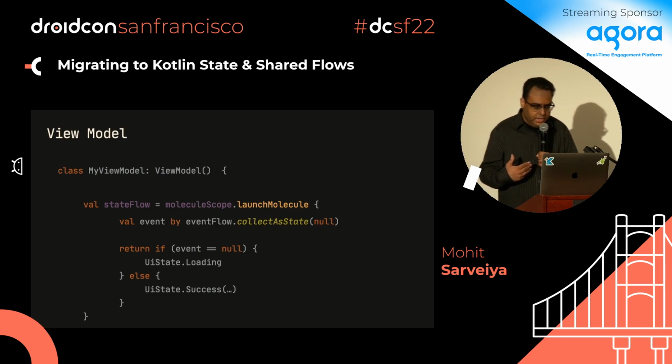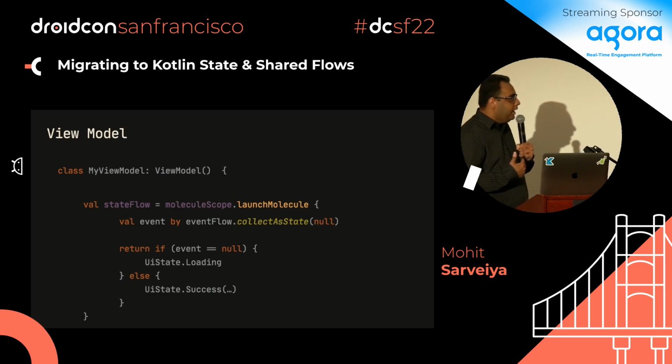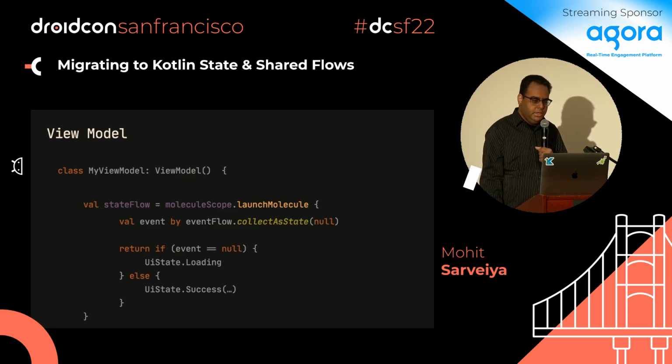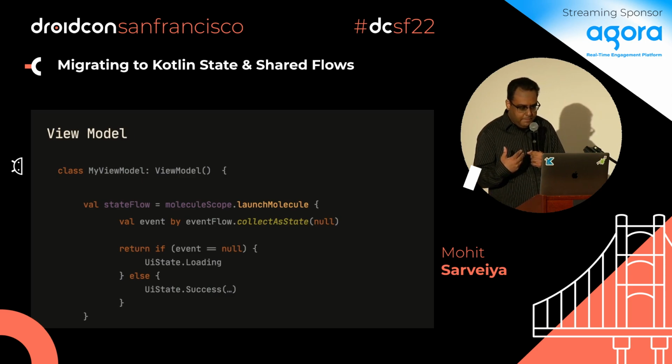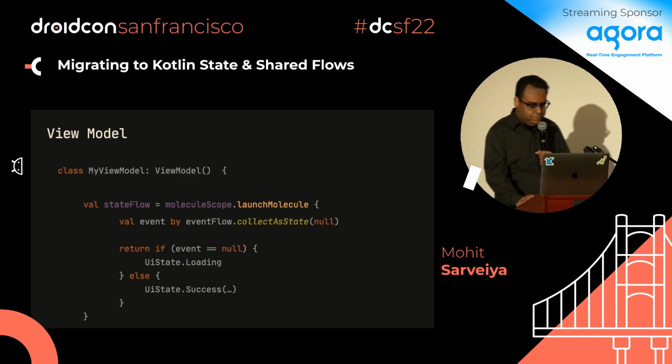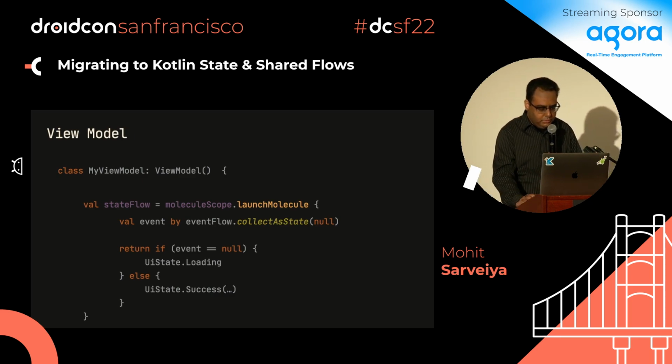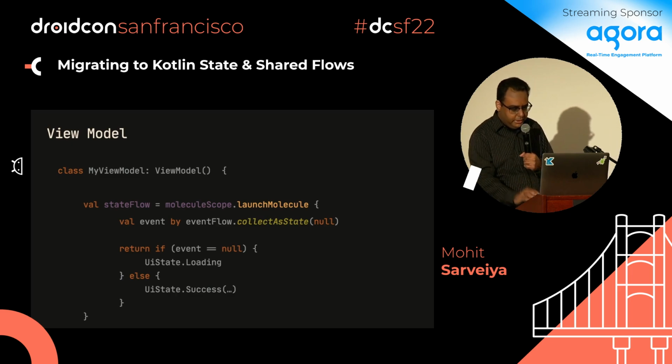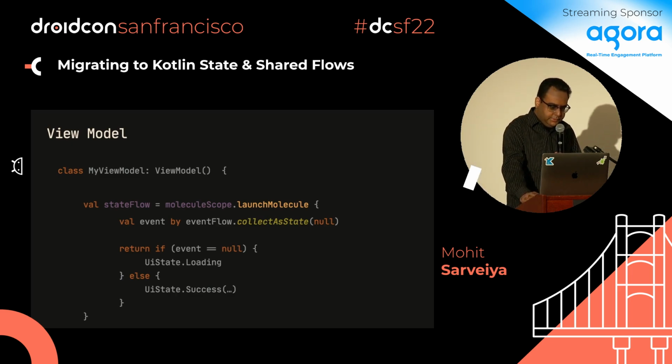Here he's creating a state flow by using the launchMolecule extension, and he has the logic in there to come up with some UI state. So you could also follow this pattern with AndroidX ViewModels. That's another way to create a state flow.